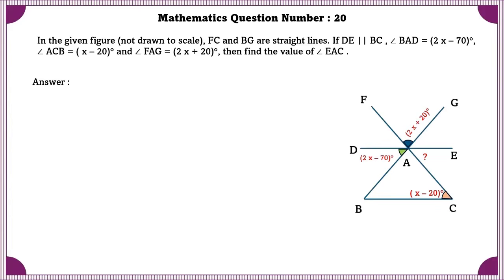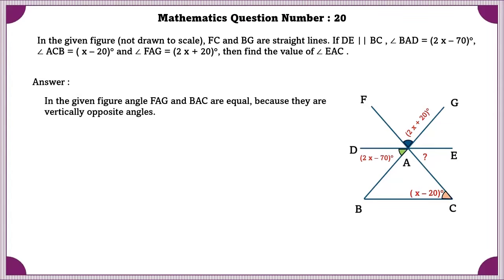Mathematics question number 20. In the given figure, not drawn to scale, FC and BG are straight lines. If DE is parallel to BC and angle BAD is equal to 2x minus 70 degrees, angle ABC is equal to x minus 20 degrees, and angle FAG is equal to 2x plus 20 degrees, then find the value of angle EAC.